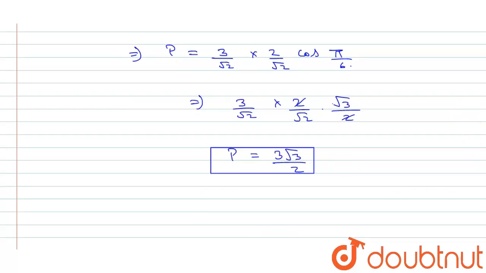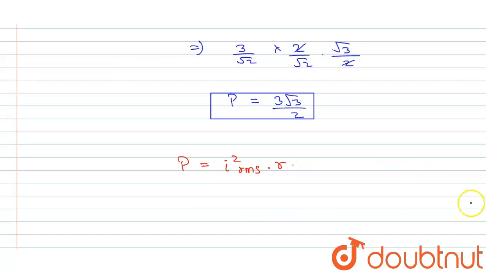Now for resistance, we know the relation between power and resistance: power is equal to Irms square into resistance. We know that Irms is equal to I0 by root 2.